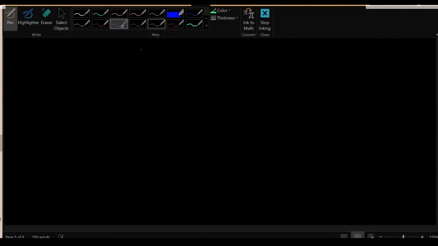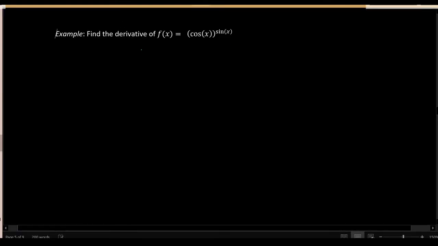So to demonstrate the technique, let's go back to this running example where we're asked to find the derivative of f of x equals cosine x to the power sine x. Now, for simplicity's sake, I'm just going to rewrite f of x as the single quantity y.